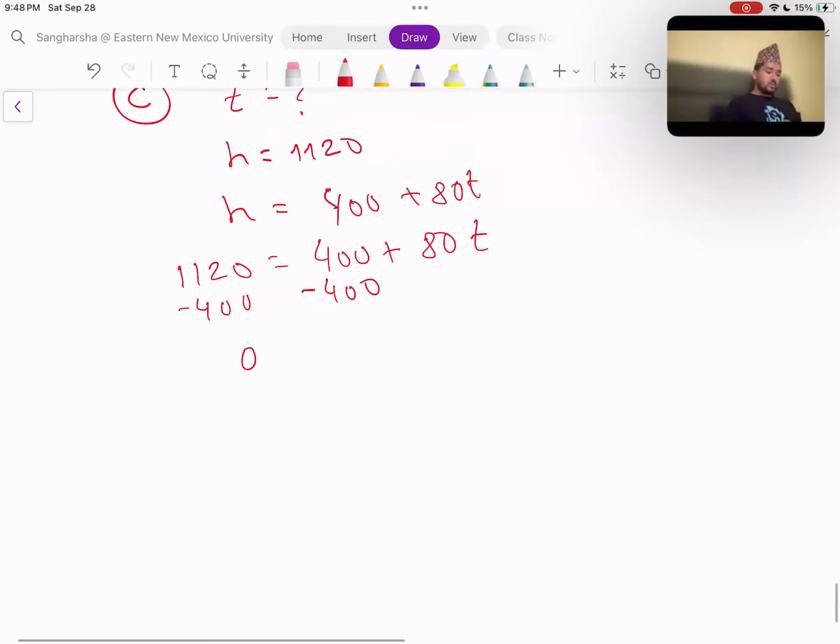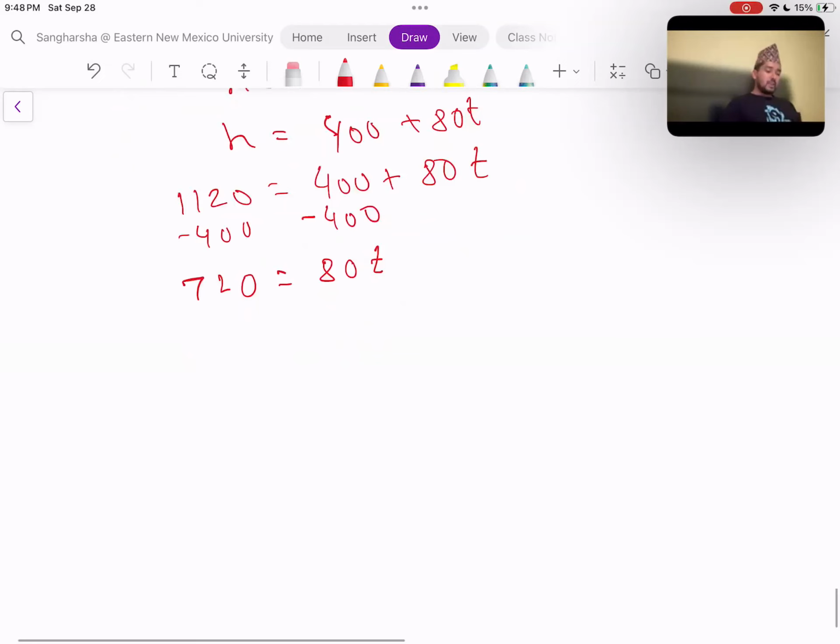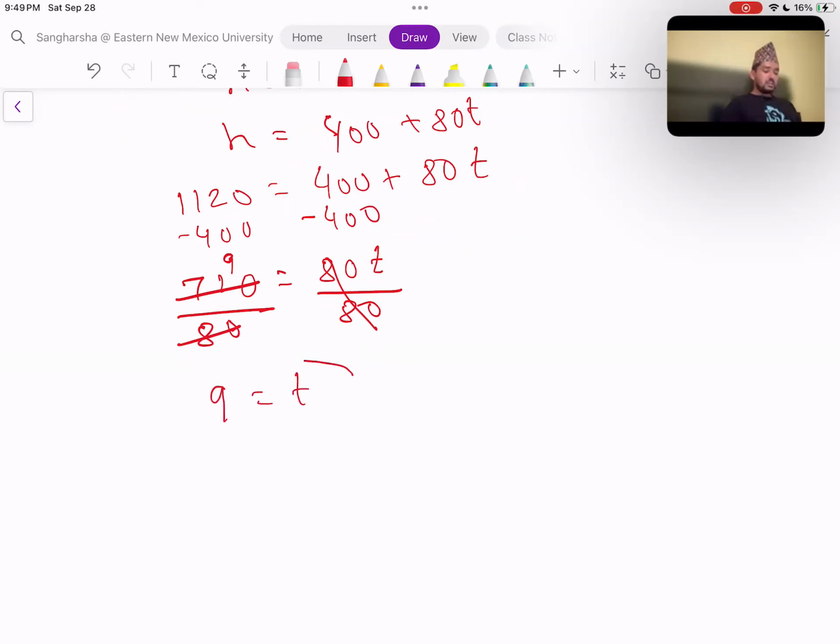So we have 720 equals 80T. Now to get rid of 80, you divide both sides by 80. So this cancels. So 80 times 9 should be 720. Yeah, 720. So T is 9.